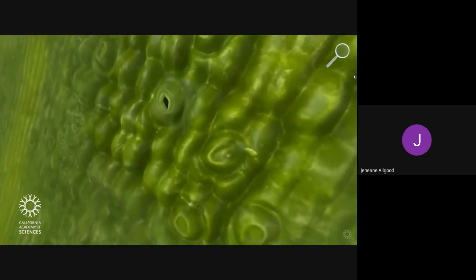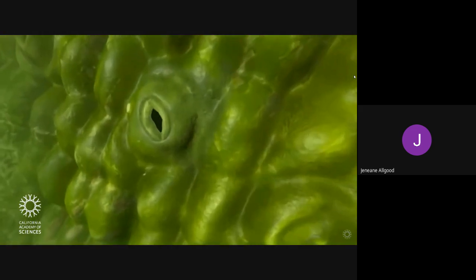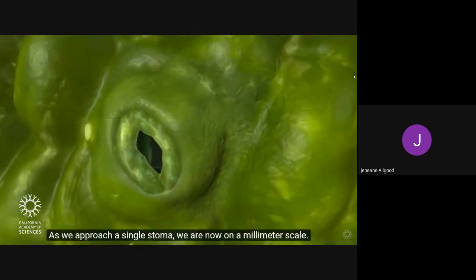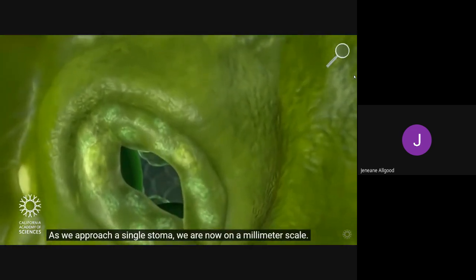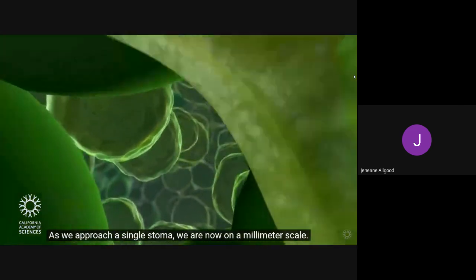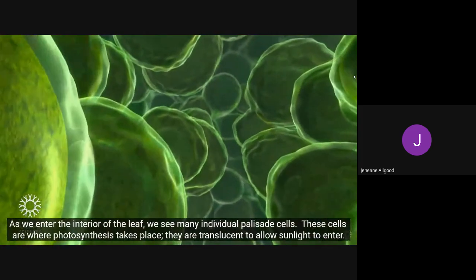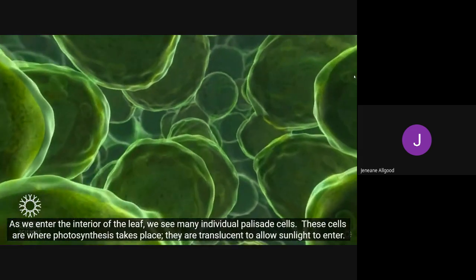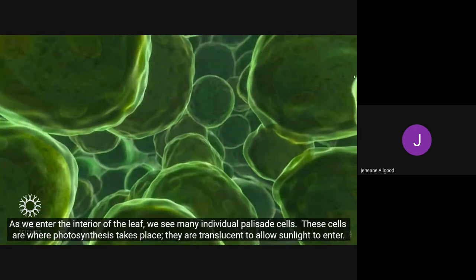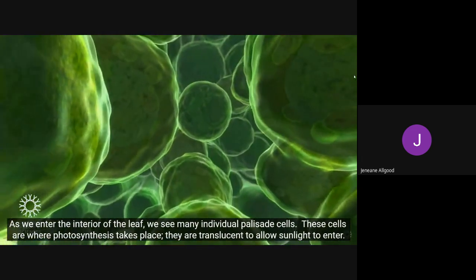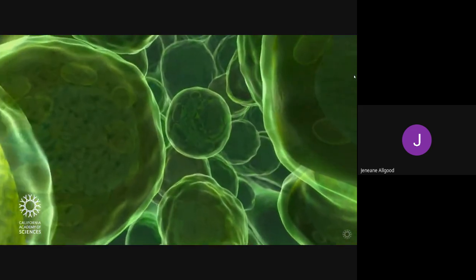You can see them. There's an open one with its guard cells. And now these are cells. Those aren't chloroplasts. Those are cells. And they're calling them palisade cells. That's just another name for mesophyll cells.